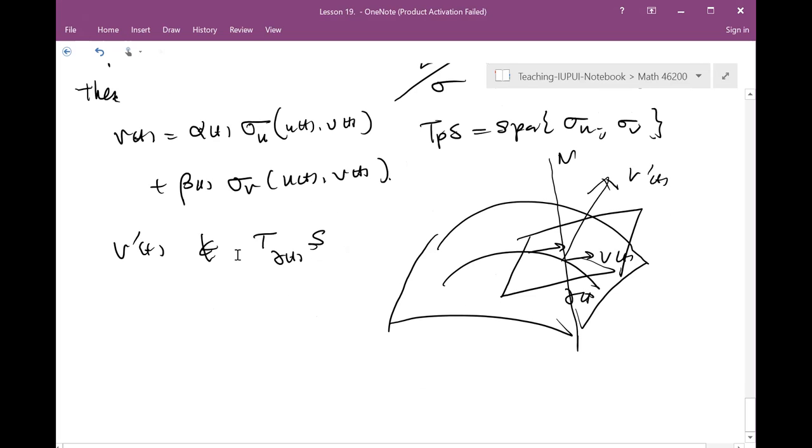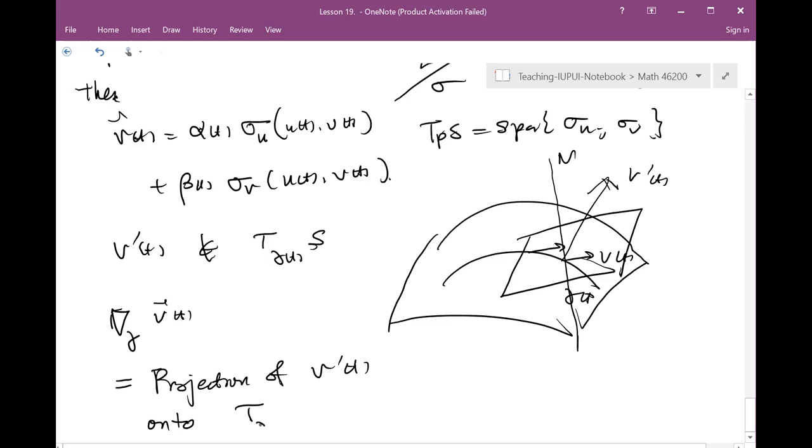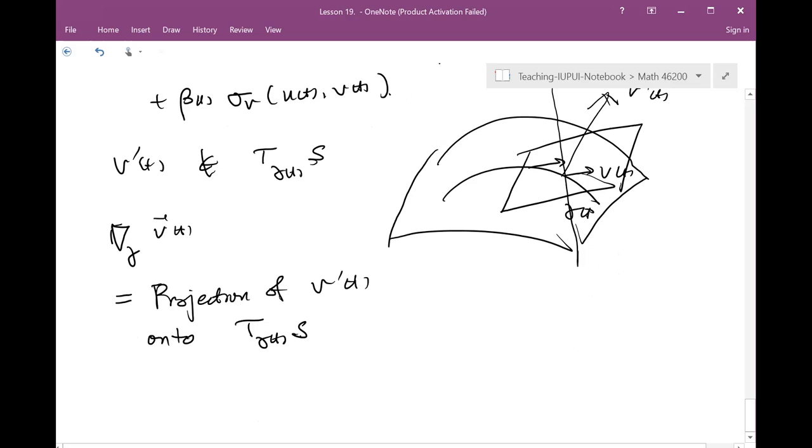Okay, so here's the definition. The covariant derivative of V along gamma prime is defined to be the projection of V prime onto the tangent plane.